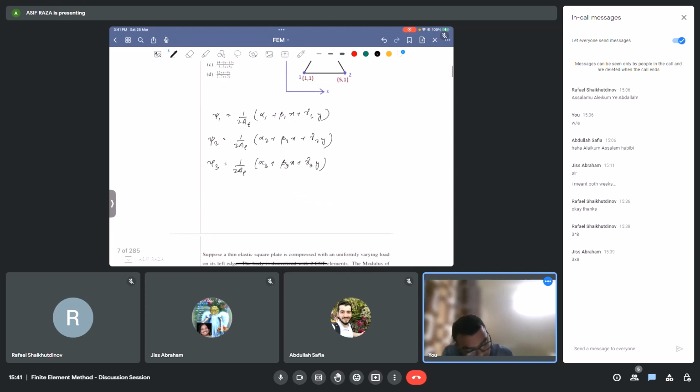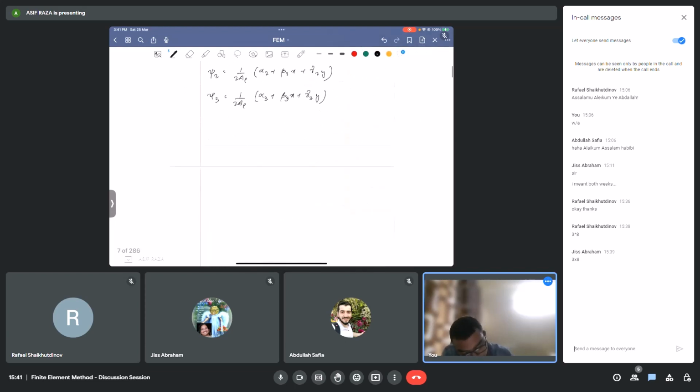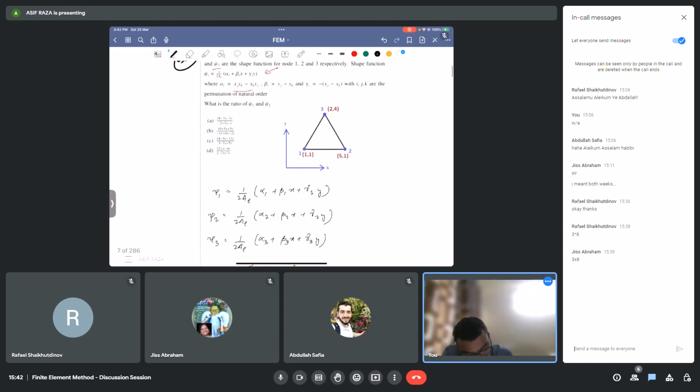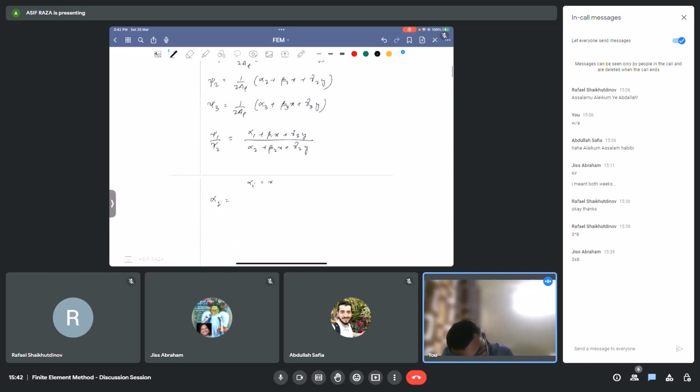So psi 1 upon psi 2 is alpha 1 plus beta 1 x plus gamma 1 y upon alpha 2 plus beta 2 x plus gamma 2 y. Correct? Now the alpha i values have been given as xj yk minus xk yj.